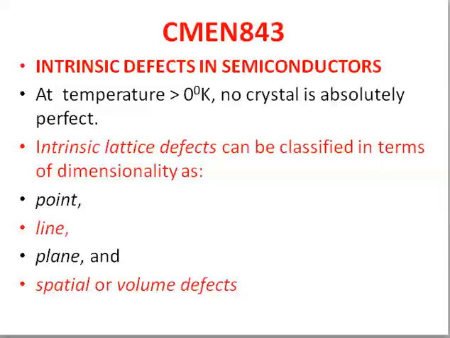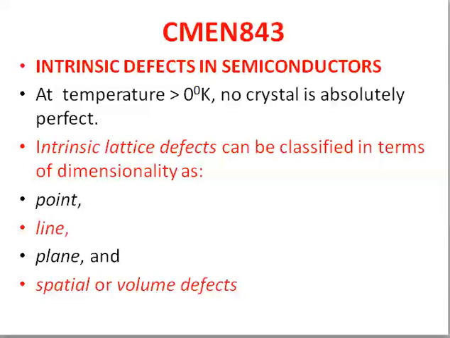Whenever the temperature is at absolute zero, the molecules tend to be in proper arrangement, and whenever the temperature is higher than that, we get some defects. So temperature or heat is one of the factors that causes defects in semiconductors.